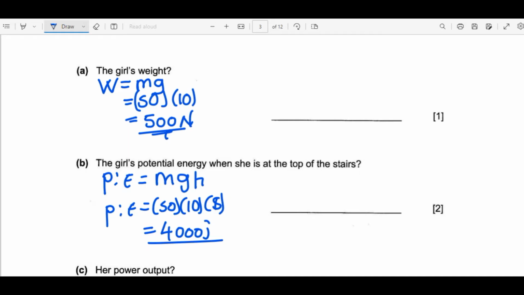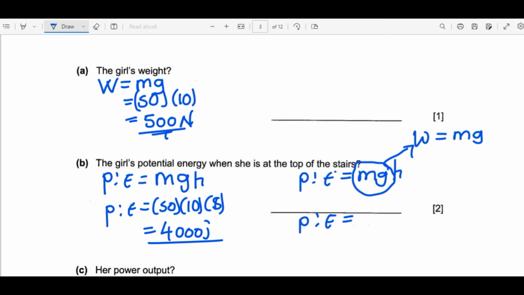Now from the formula of potential energy, let's see what we can analyze. So we have mgh. Now weight is equal to mg. So from this formula of potential energy, mg can represent the weight. So the potential energy, if I want, I can calculate as weight times height.